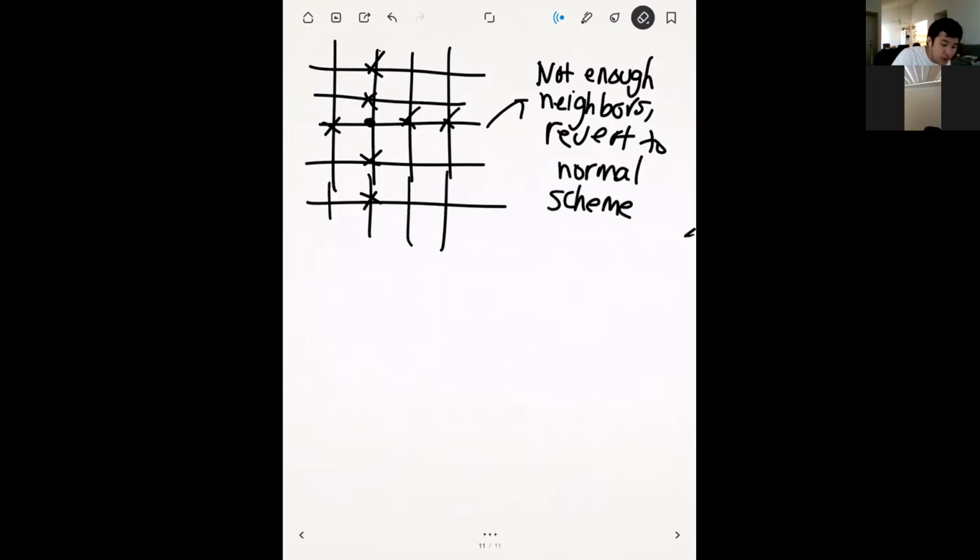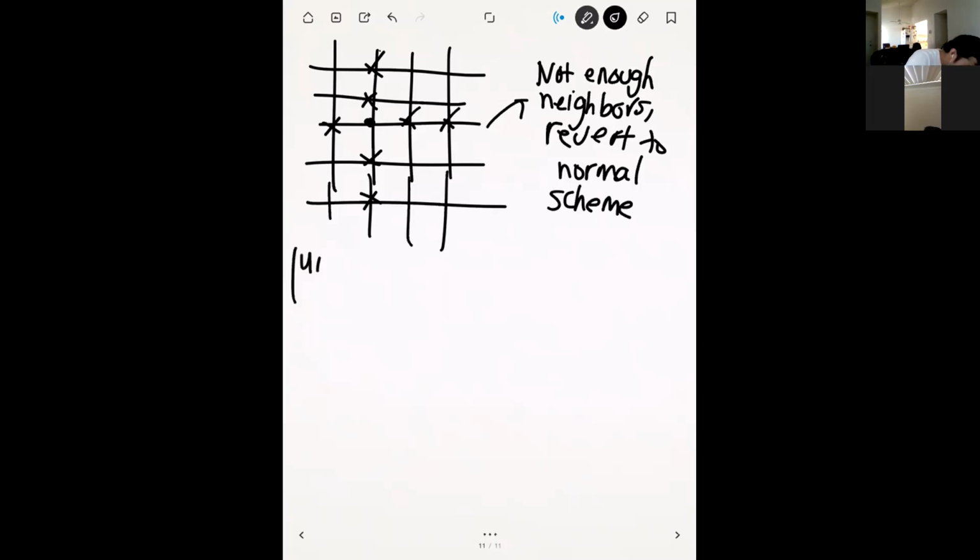And by normal scheme, I mean the equation that we've used previously when we use just a second order central difference for our derivative. Just to remind you, and for completeness, that's given by this expression here.